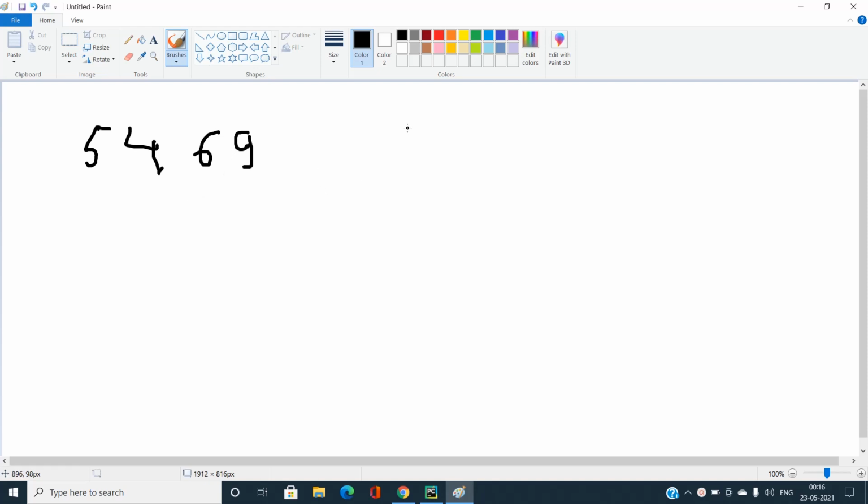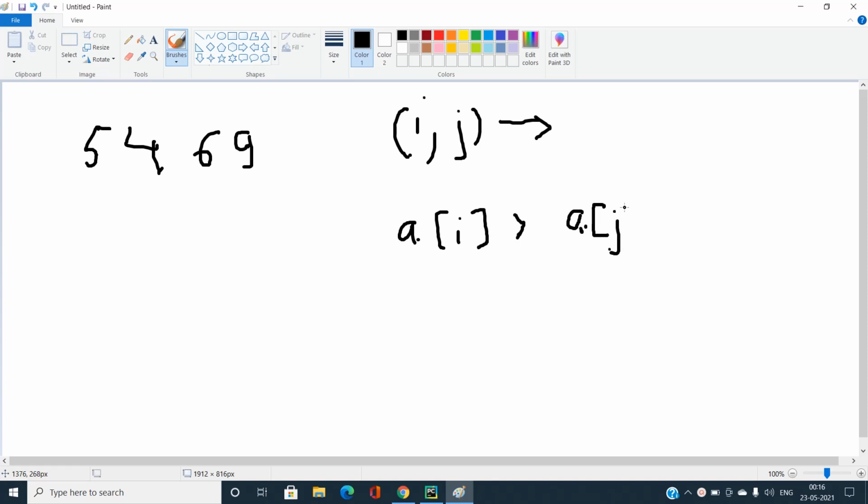A pair of indexes i, j is included in the inversion count when and only when the value A of i is strictly greater than A of j, and i is less than j.